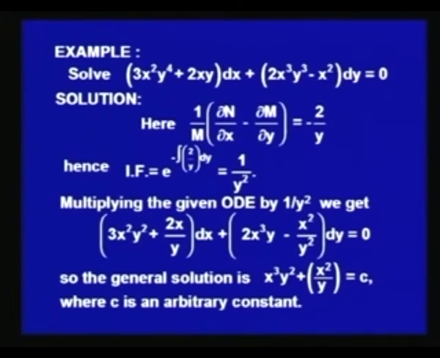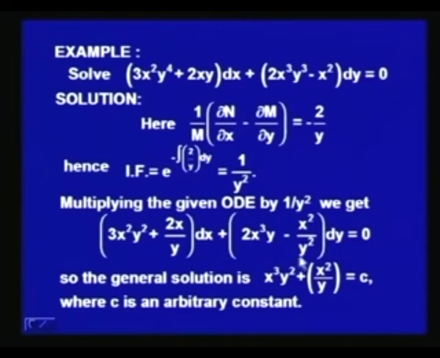So let us multiply the given differential equation by 1 over y square. We shall have (3x square y square plus 2x over y) dx plus (2x cube y minus x square over y square) dy equal to 0. We will integrate m with respect to x, that will give us x cube y square, and then we will have x square over y.